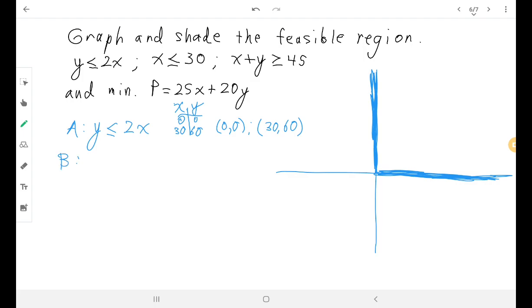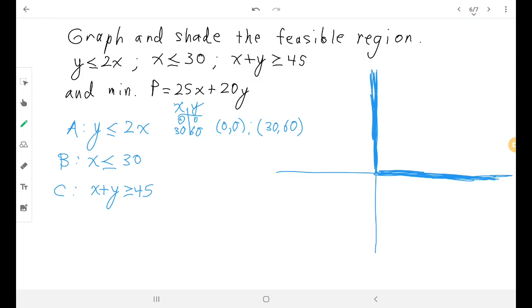And then let's have equation B is just going to be x less than or equal to 30. So I'll just draw the line x equals 30, which would be a vertical line, and I'll shade left of that. I'll shade less than that. And then C is x plus y is greater than or equal to 45.